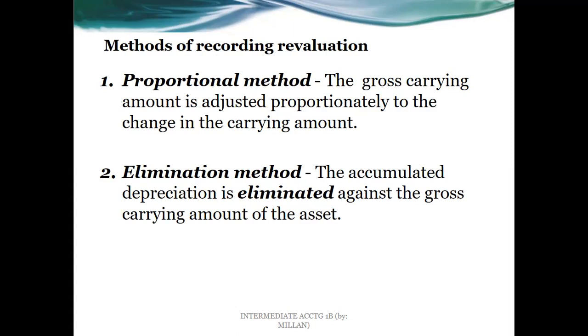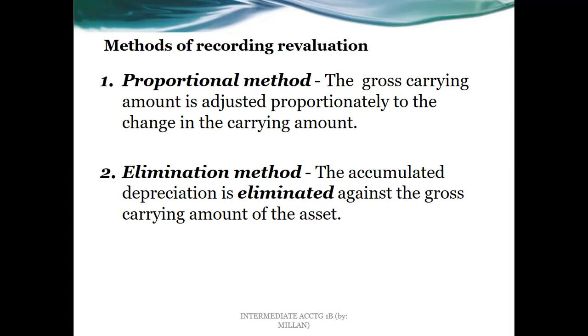It's just that the proportional method has been used by a lot of people and experts and learners and practitioners, and even me. I also make use of the proportional method because it's just enjoyable to make use of the tables. The gross carrying amount is adjusted proportionately to the change in the carrying amount. So for example, if we have noticed that the accumulated depreciation for a 10-year useful life, 3 years has expired.